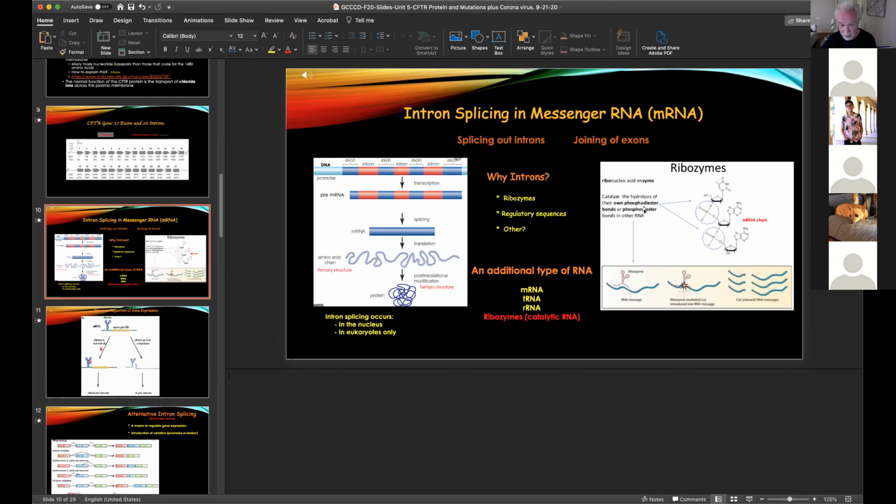They catalyze the hydrolysis of their own phosphodiester bonds. At the bottom there, you can see that this digestion is site specific. The ribozyme only cuts itself at designated points, so that the pieces that are left after digestion are all the same length.